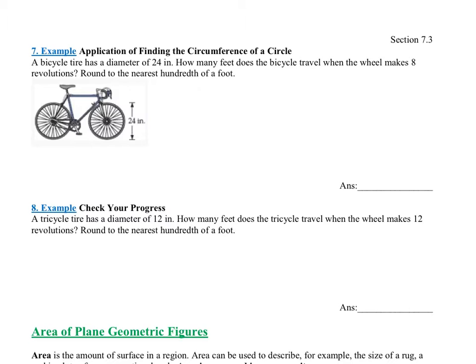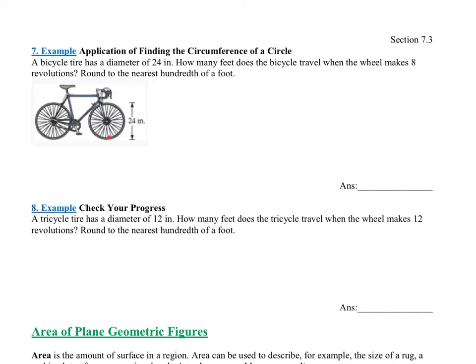It says a bicycle tire has a diameter of 24 inches. How many feet does the bicycle travel when the wheel makes 8 revolutions? Round to the nearest hundredth of a foot. So what's the idea? You have a bicycle tire and you're going to ride that bicycle.